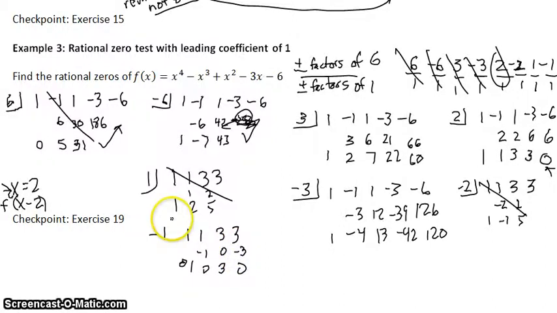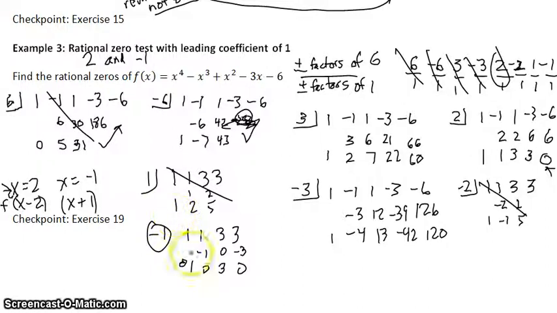I found the other possible 0. So my 2 zeros are 2 and -1. Those are my 2 rational zeros. So that means my 2 linear factors that I found for this are x minus 2 and x plus 1.